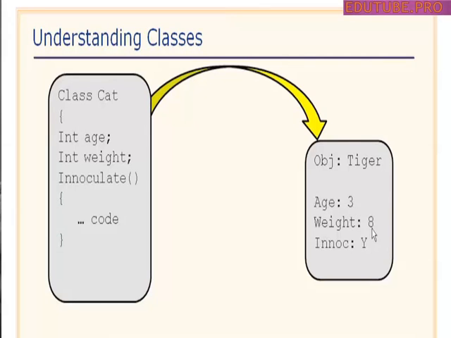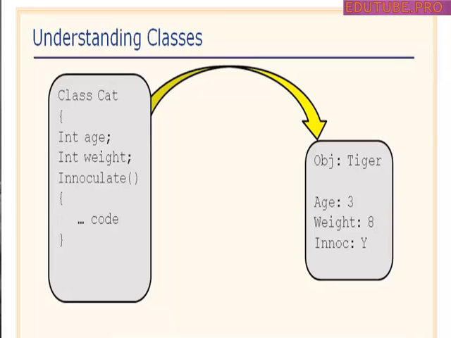I can set that. Tiger weighs 8 pounds, and if I call the inoculate function or method, if you will, in there, it's going to run some code. It might be 100 lines. It connects to databases. It does all kinds of stuff. Who knows what I'm going to pass into it. And what it returns to me is yes, inoculation was successful. Yes, Tiger has been inoculated. All that kind of stuff.